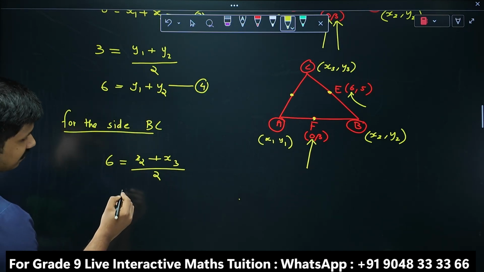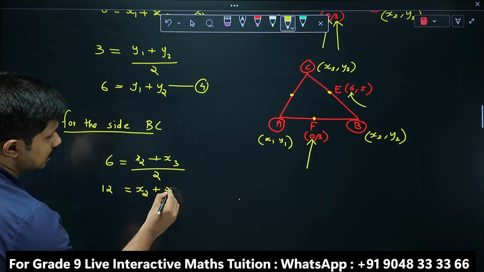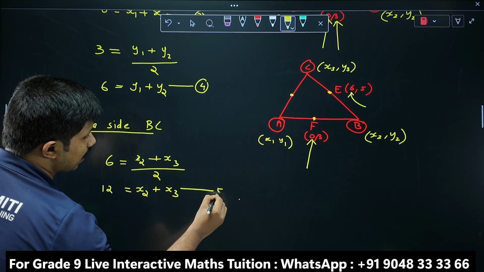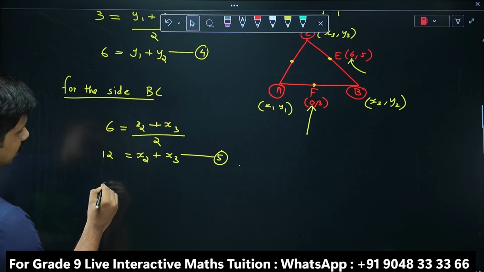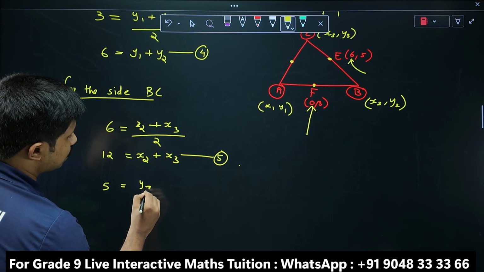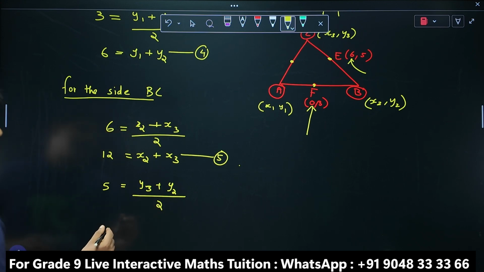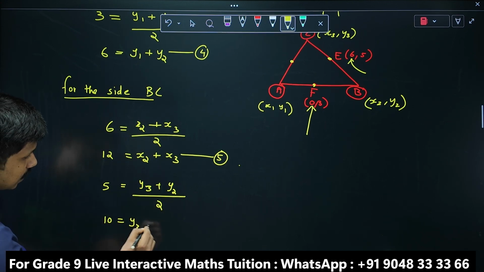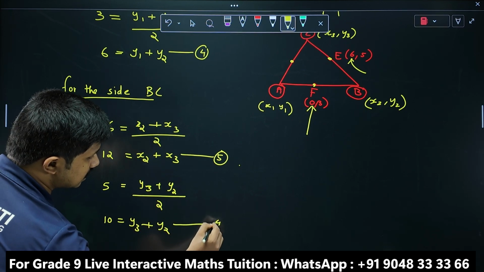Bringing 2 to the left side, we get 12 equal to x2 plus x3. This is equation number 5. The final equation is the y coordinate: 5 is equal to (y3 plus y2) whole divided by 2. Bringing 2 to the left side, you get 10 equal to y3 plus y2. This is equation number 6.